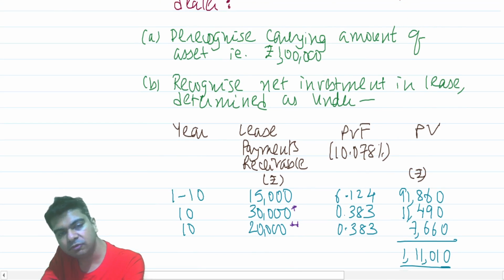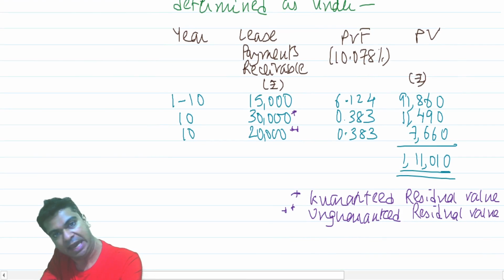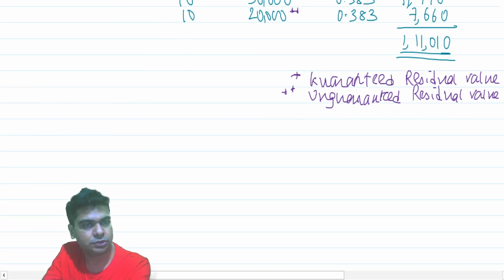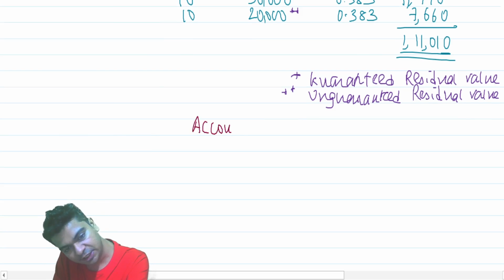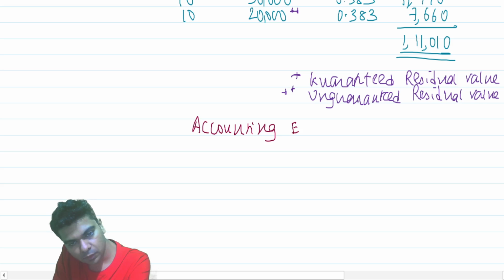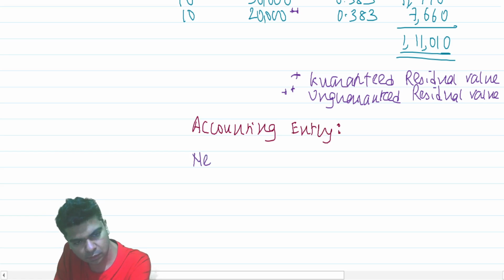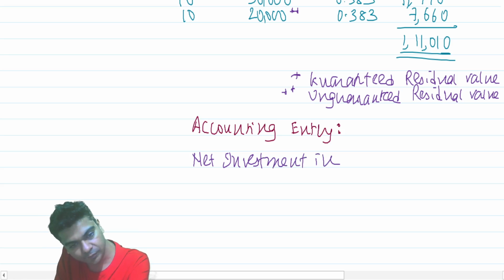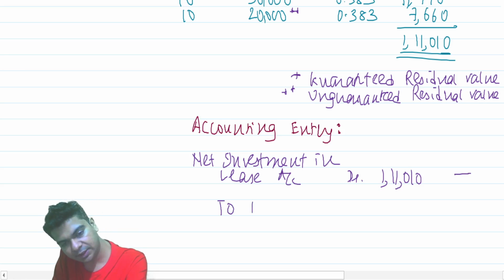So the carrying amount at which we will derecognize the asset is 1 lakh, and the net investment in lease which we have to recognize is 1,11,010. So your accounting entry will be net investment in lease account debit, to, it's an equipment, right?